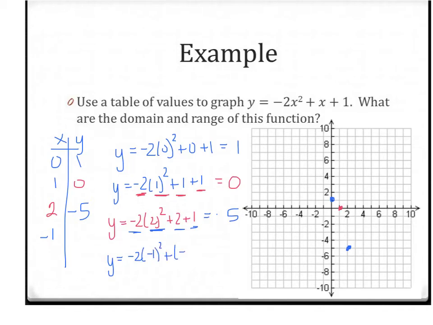You can enter these into your calculator as long as you are careful with your parentheses, or sometimes I think it's just as easy to do them in your head. Negative 1 squared is a positive 1. So there's 1 times negative 2, which makes a negative 2. Negative 2 plus a negative 1 would be negative 3. Negative 3 plus 1 would be negative 2.